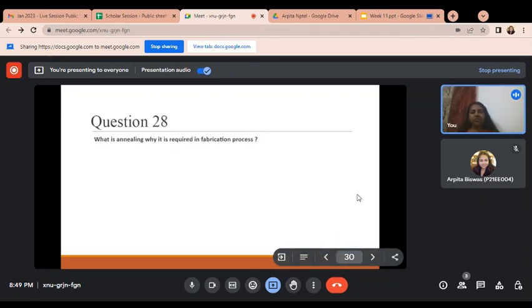So next we are moving towards question number 28. What is annealing and why is it required in the fabrication process? So go through the question carefully.